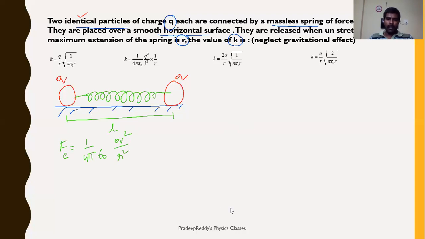Now what would happen is, because of the electrostatic force acting between the two charges, there will be an outward force Fe, and this is pulled by the spring. The electrostatic force will be outward and the spring force will be acting inward.